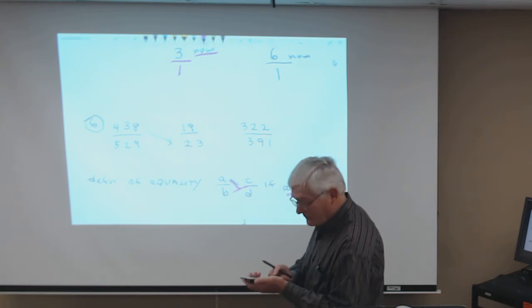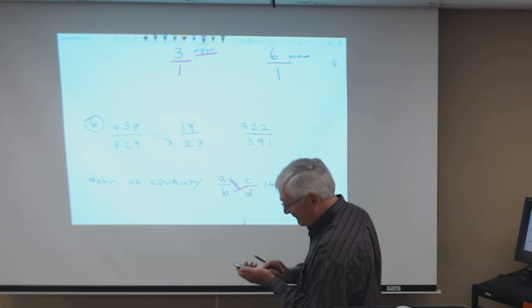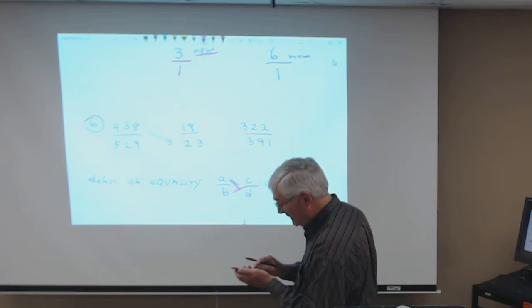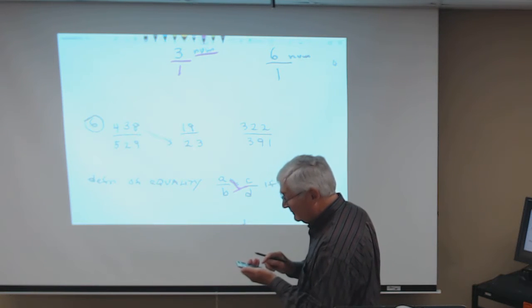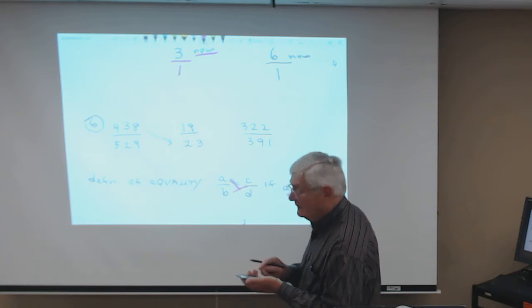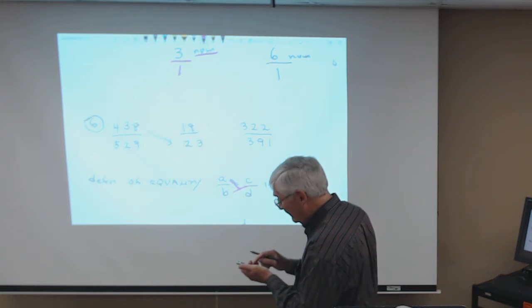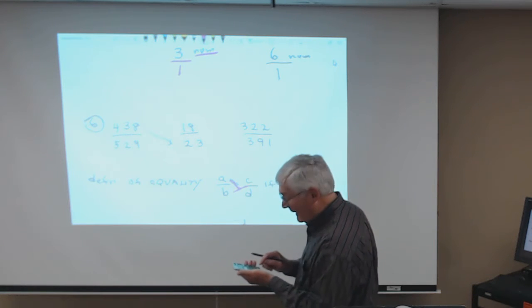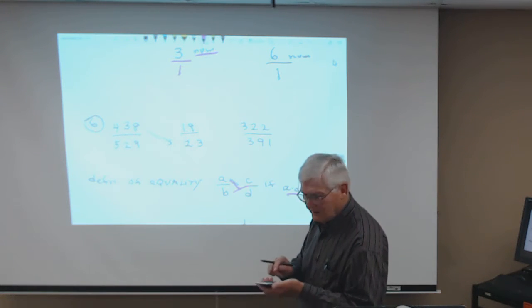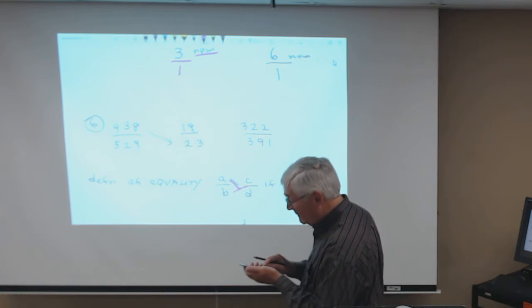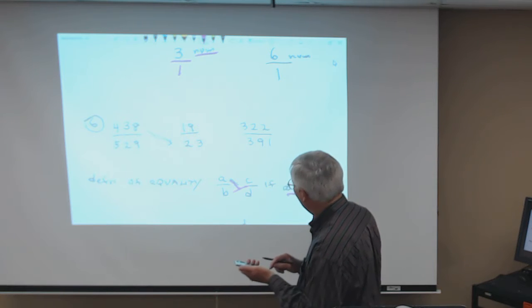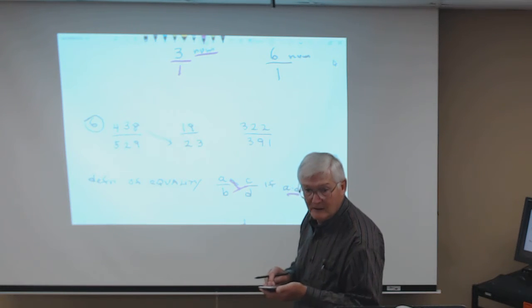They did equal? Oh, I made a mistake. 19 times 391 equals 7429, and 23 times 322, I get 7406. 23 times 322, 323.